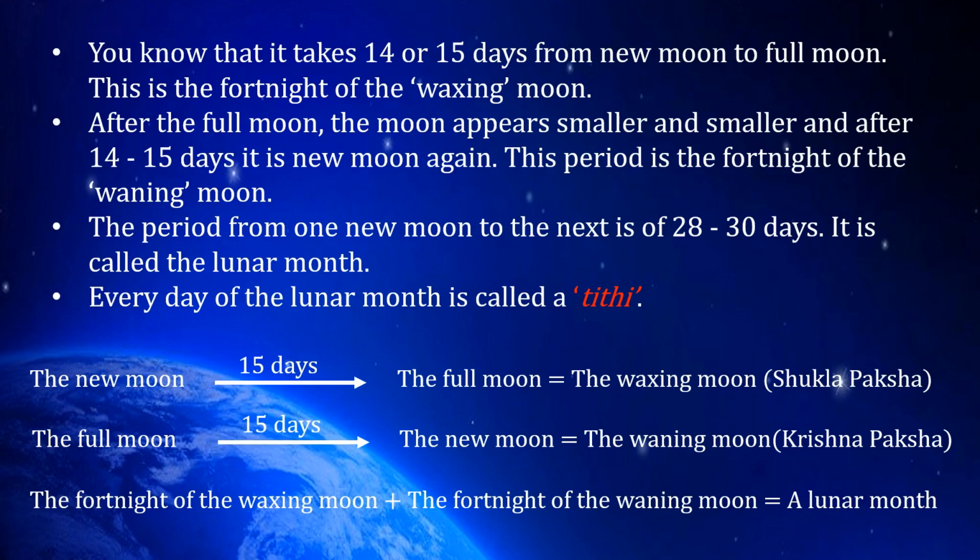This period is the fortnight of the waning moon. The period from one new moon to the next is 28 to 30 days. It is called a lunar month. Every day of the lunar month is called a tithi.